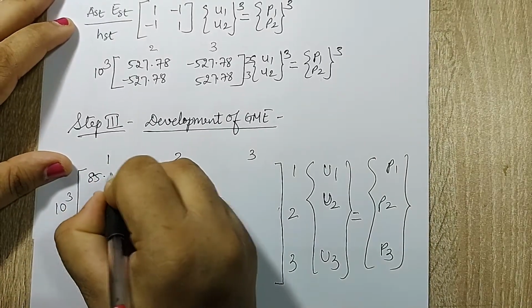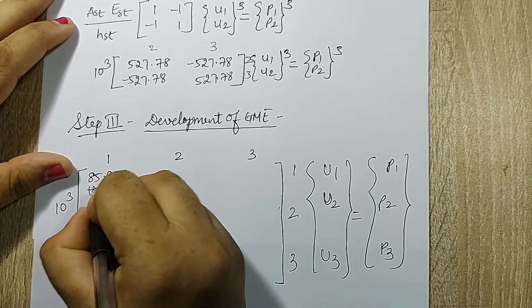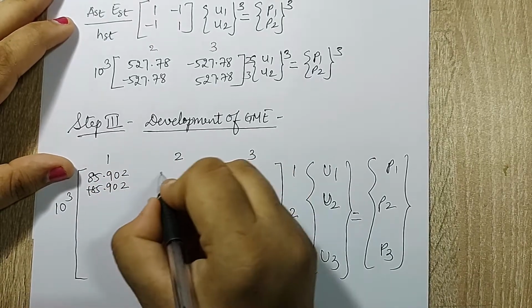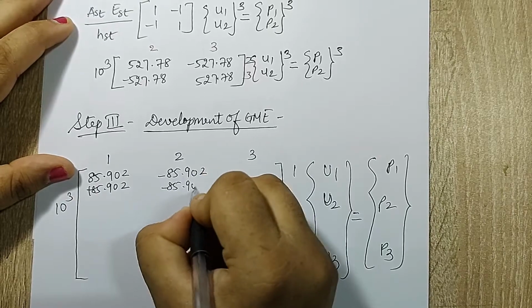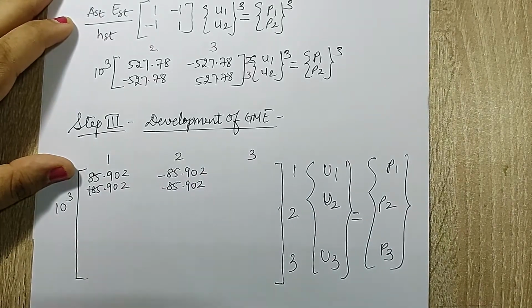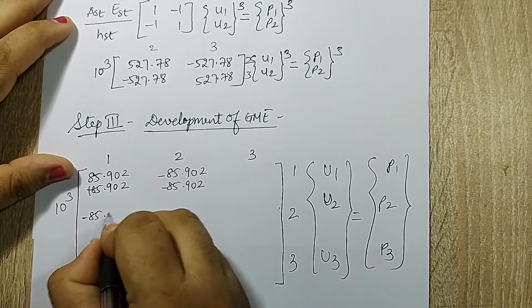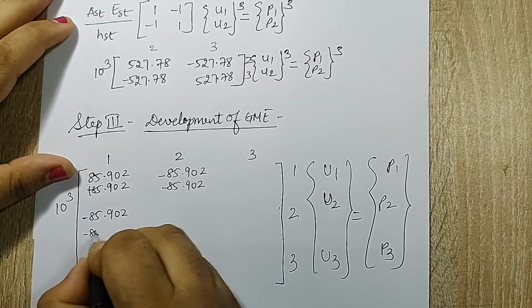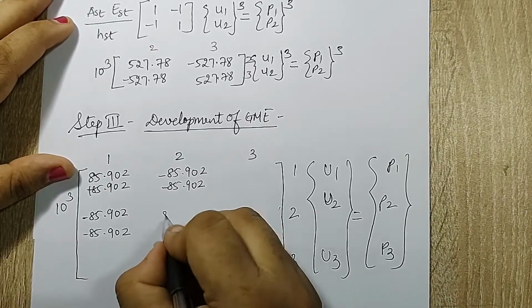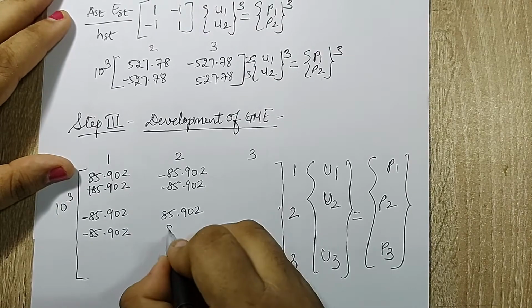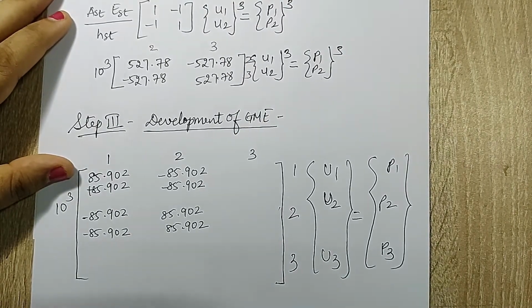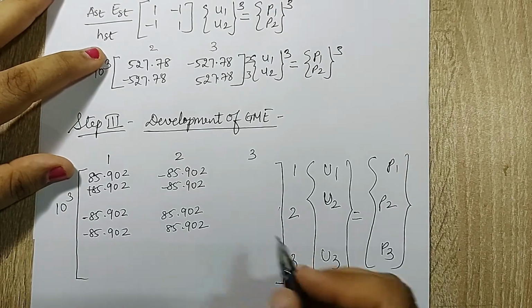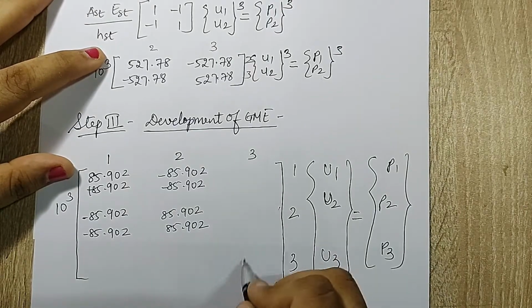So 85.902 plus 85.902 minus 85.902 minus 85.902. These are for elements 1 and 2 together. Minus 85.902, minus 85.902 and 85.902. Next, I'll go for element 3, which is between node 2, 3. This value will be here, 2, 3, 2, 3.